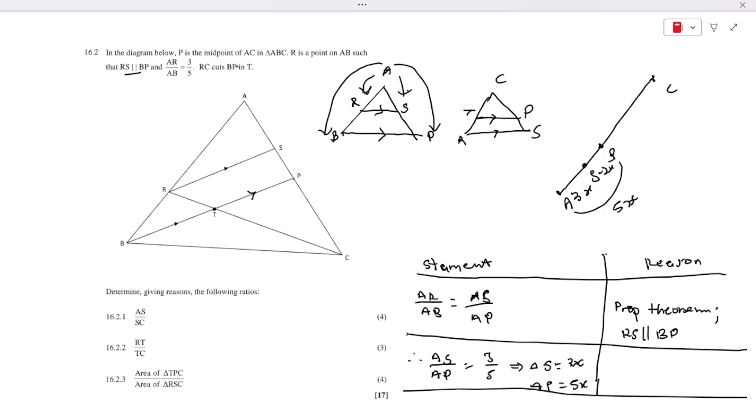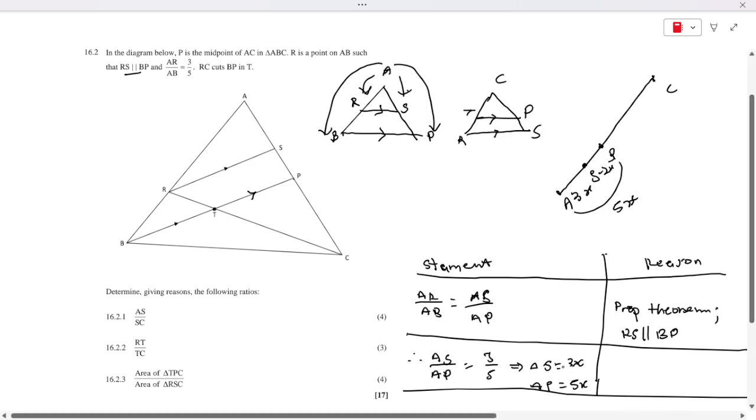Well, the other thing that we know is that they said P is the midpoint. So in other words, AP is equal to PC. What is the value of AP? We said AP is equal to 5x.